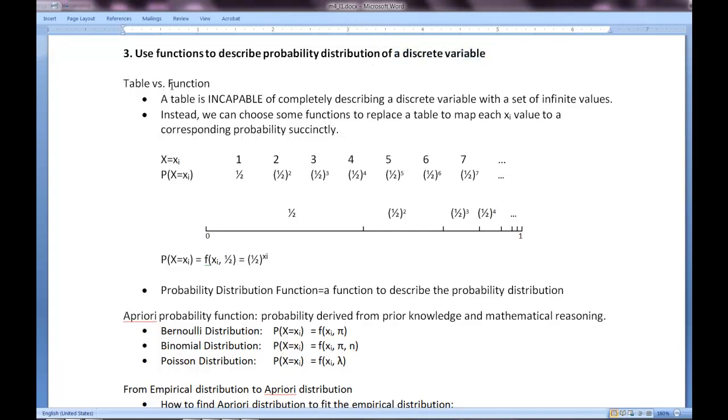So the first question is why we need to use function, and the reason is fairly apparent from our previous Excel example, because a table is simply incapable of describing the whole picture if a discrete variable has a set of infinite values. So instead, we'll try to use a function to replace table to map each possible value to a probability in a very succinct way.